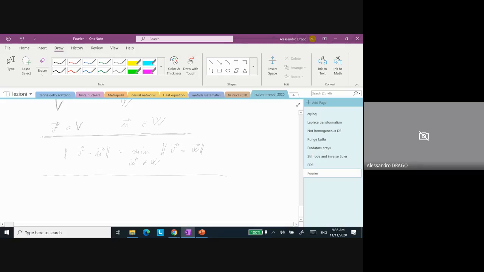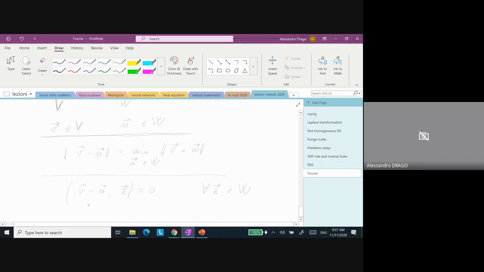So let's take the scalar product of V minus U with a generic Z belonging to the subspace omega, and we say that this is equal to 0 for all Z belonging to the subspace omega.